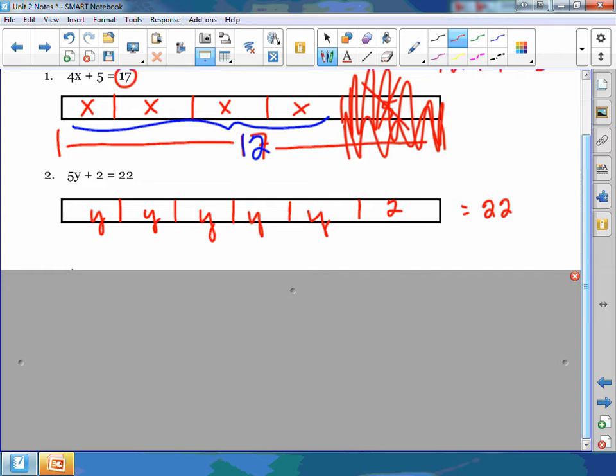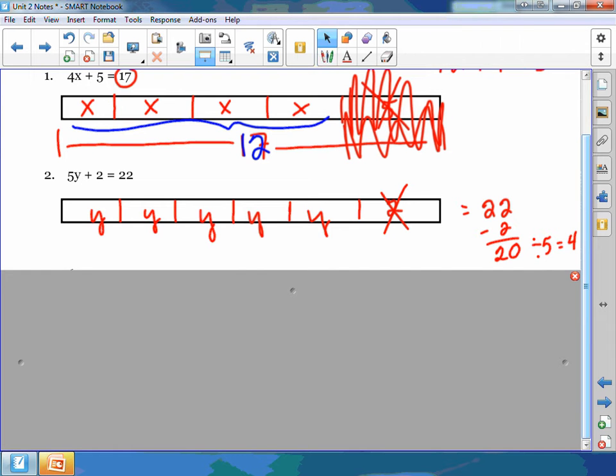All right, so how are we going to break this down to get the value of y? What would you do first, Jack? I took 22 minus 2, which is already known. Uh-huh. And then I did 20 divided by 5, which is 4.